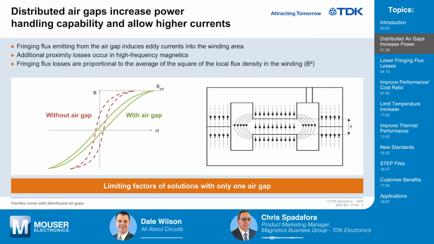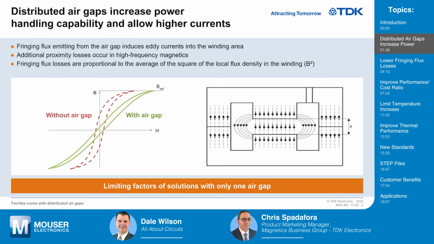By introducing an air gap, we increase the current handling capability. So when we look at energy transformation, it can handle more load, more current before the core saturates and then ceases to exhibit its magnetic properties. It ceases to transform the energy into a usable form. Oh, that was really helpful.